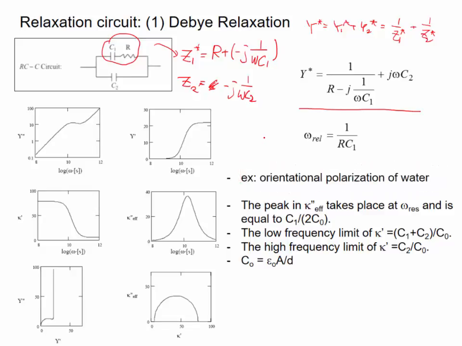So orientation of polarization of molecule can be modeled using this Debye relaxation model. And if you plot it, you can see that you have Y double prime and Y prime, and here the relaxation from the upper limit of the kappa prime to the lower limit of the kappa prime.